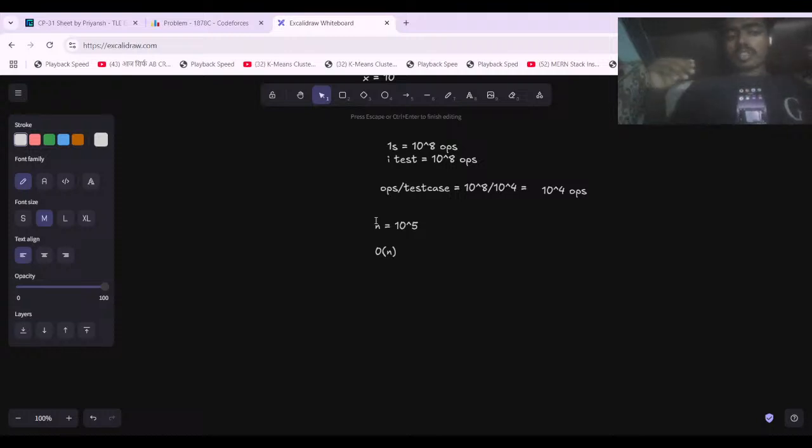So n would be like 10 raised to power 5, versus 10 raised to power 4, right? If I wanted something below this, an estimate below this gives somewhere around log powers or constant, if you are able to create a solution that looks like big O log n, and then big O 1.